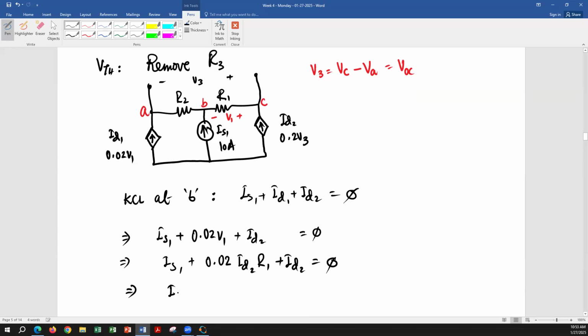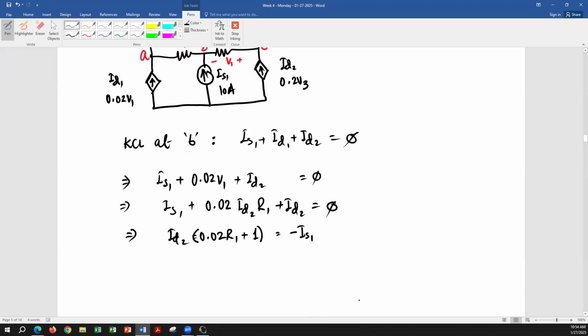Therefore, ID2 times (0.02 R1 plus 1) equals negative IS. So let's calculate the value of ID2.